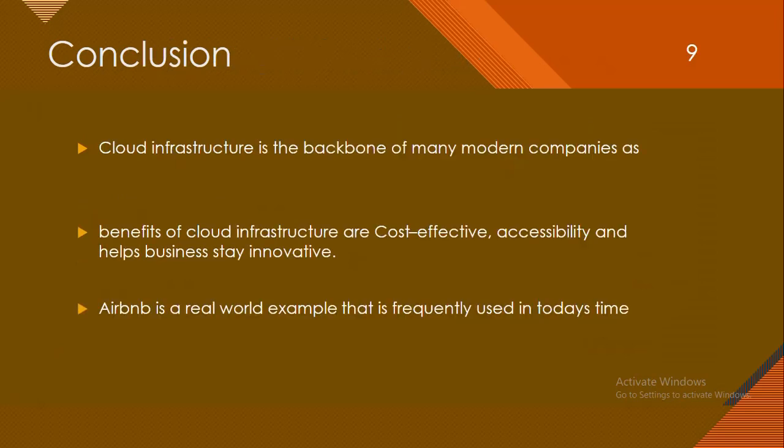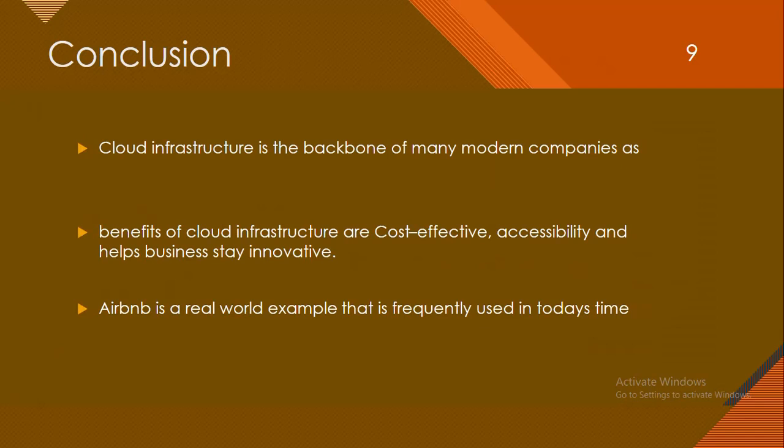In conclusion, cloud infrastructure is the backbone of many modern companies as it allows organizations to store data, run applications, and deliver services effectively on the internet without requiring on-site physical hardware or human interference. As stated earlier, the benefits of cloud infrastructure are scalability, cost effectiveness, and accessibility.